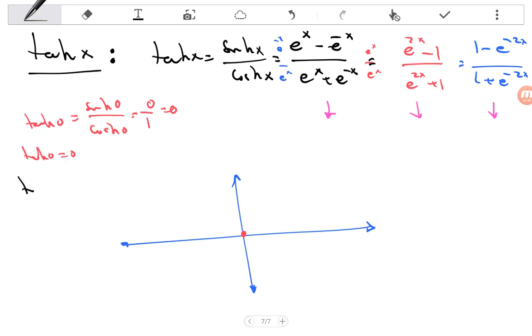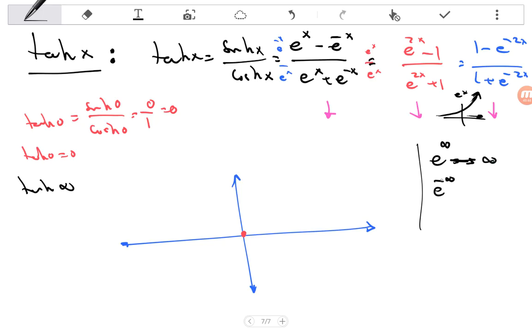What about tanh of infinity? Now I need to substitute with infinity. We learned before, what is e power infinity? If I have this graph for e power x, for x approaching infinity, the value of e power x will grow indefinitely, so it will be infinity.